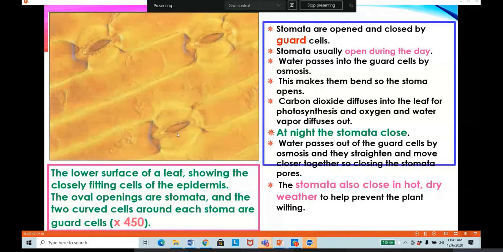Yes. Why? Because water passes into the guard cells by osmosis. And usually the process of photosynthesis takes place during the day. That is why they are open during the day, isn't it?